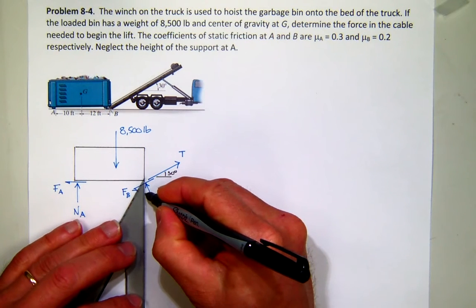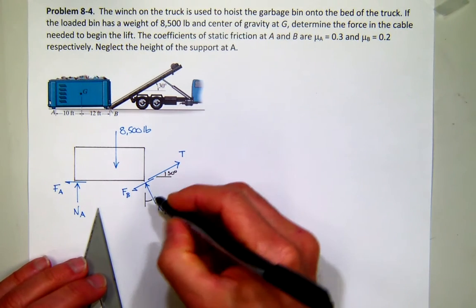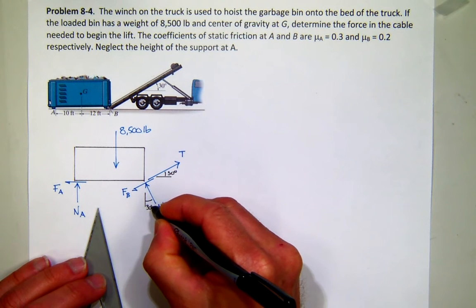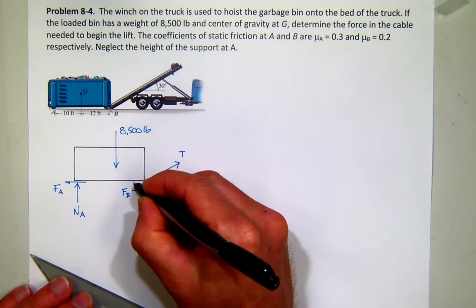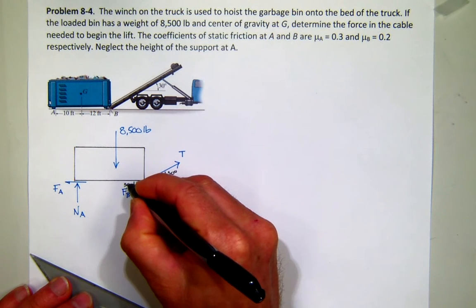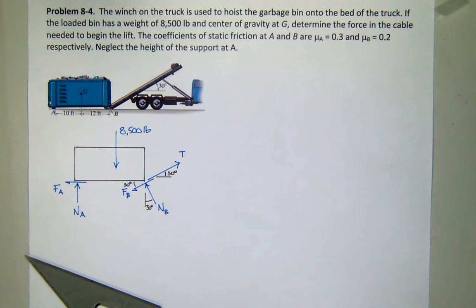So let's see, I'll go ahead and make this 30 degrees so I can get my components there. And this would also be 30 degrees. So I have all my geometry.